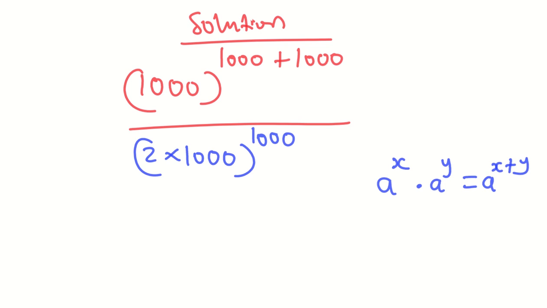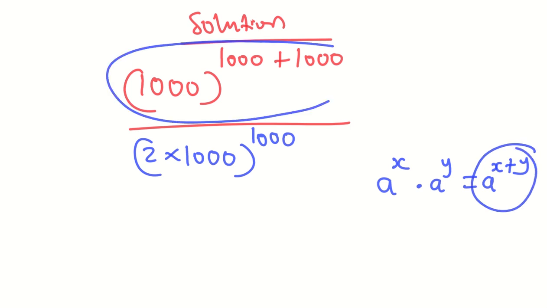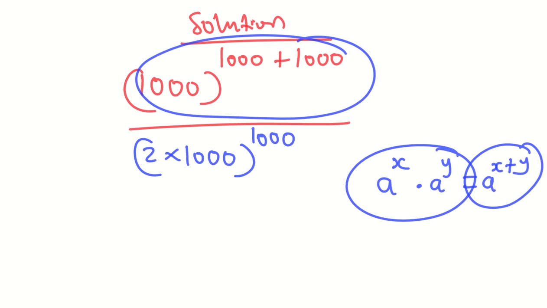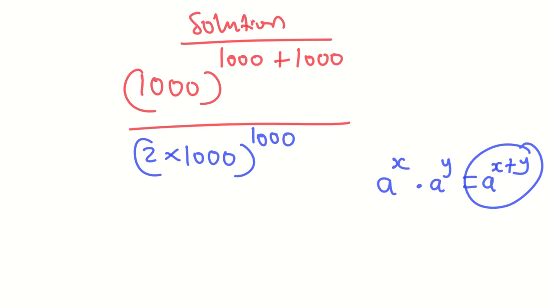Can you see that this and this are of the same form? Which means I can rewrite 1000 raised to the power of 1000 plus 1000 as what? 1000 raised to the power of 1000 times 1000 raised to the power of 1000, using the multiplication law of indices.